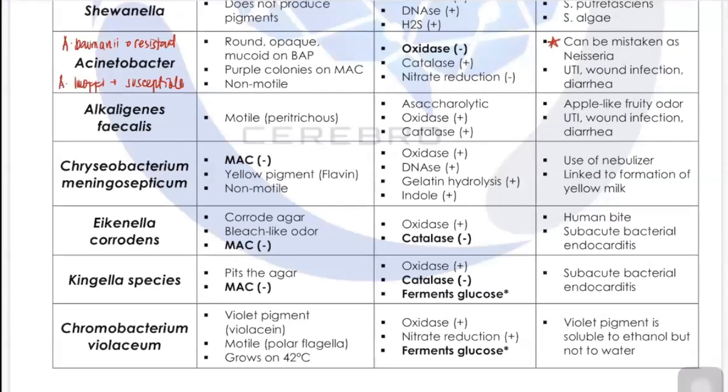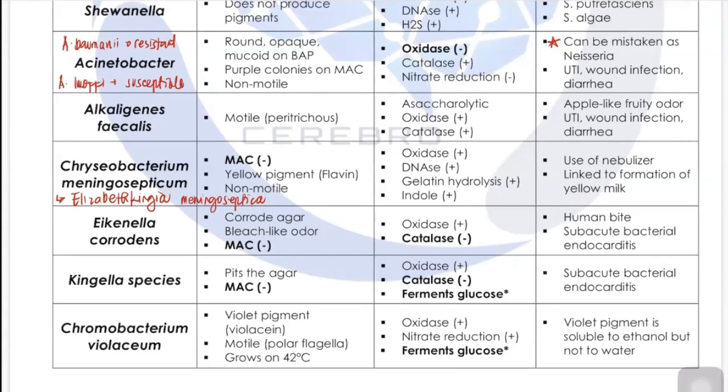Then we have Chryseobacterium meningosepticum. However, no, lumabas ito, no, sa ASCP exam, but the new name already of this organism. So yung bagong pangalan ng organism na ito is Elizabethkingia, okay, Elizabethkingia meningoseptica. So it is MAC negative because that is common, okay, that is common among these organisms, no?